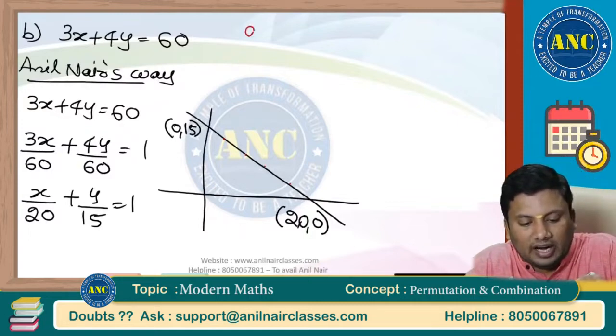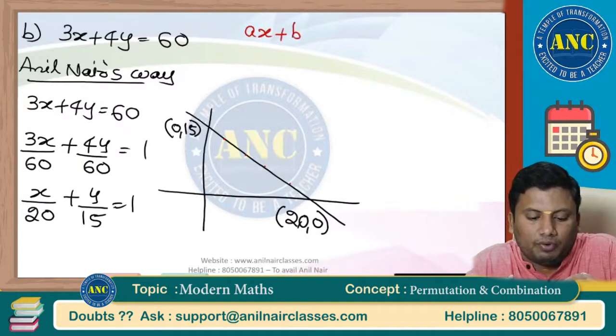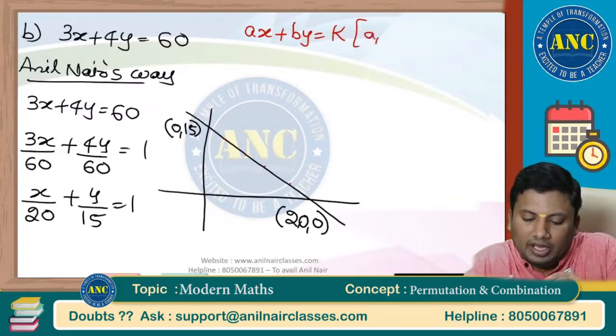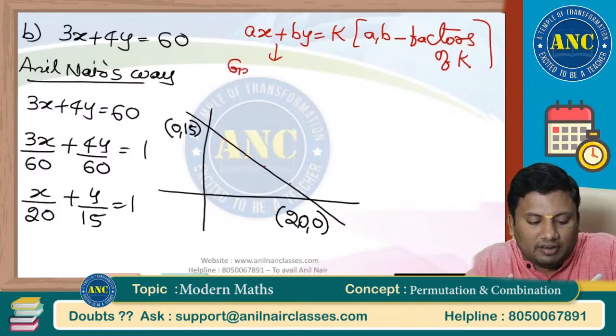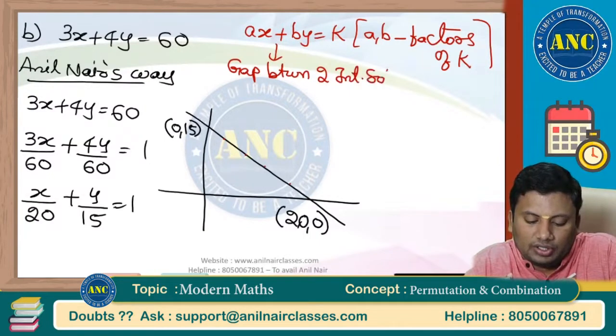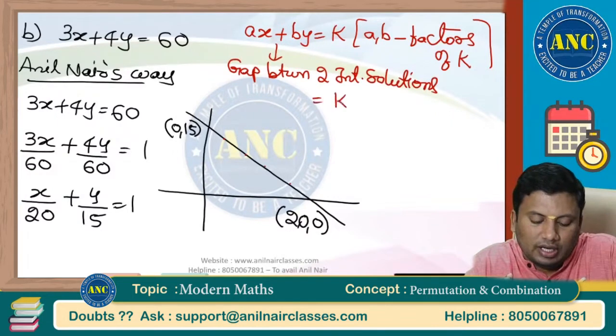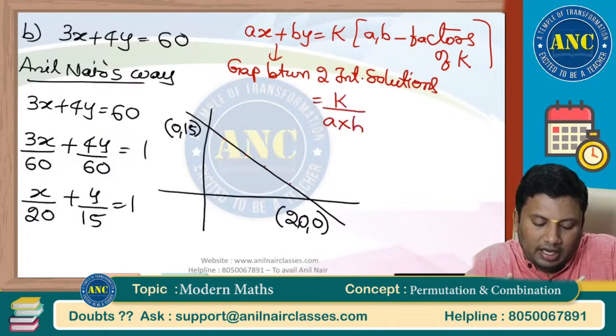Now please write down this. I will also give a proof. ax plus by equals k. If both a comma b are factors of the right hand side, the gap between two integral solutions is given by k by a into b.